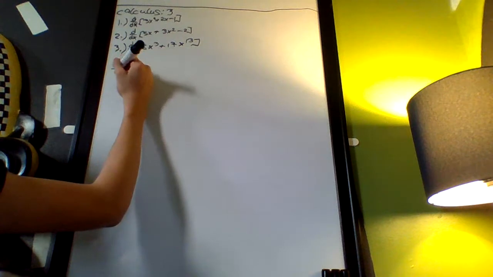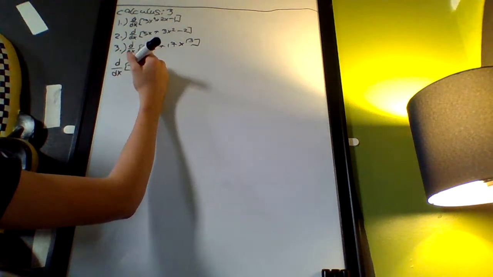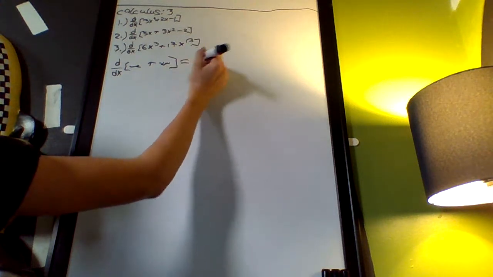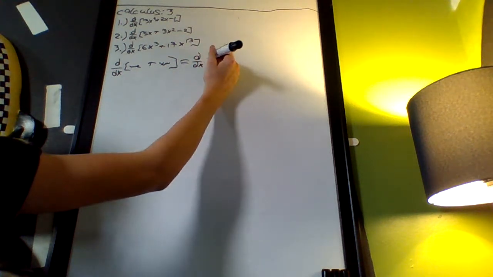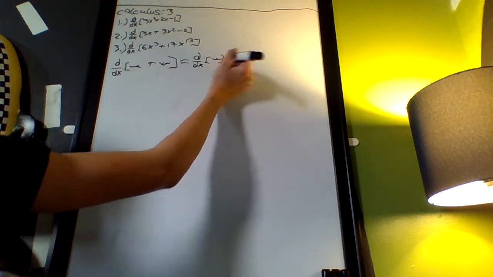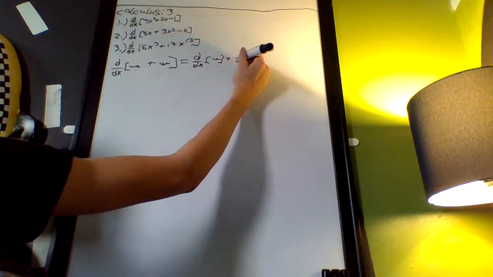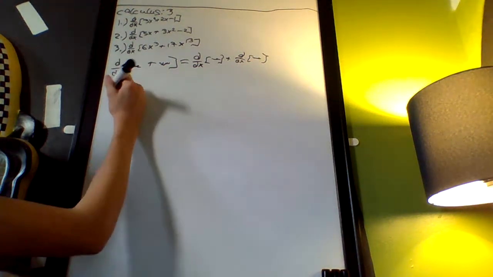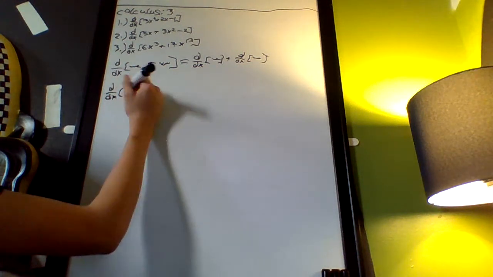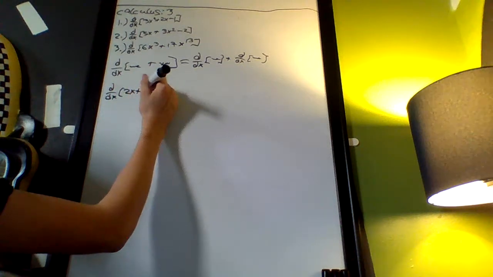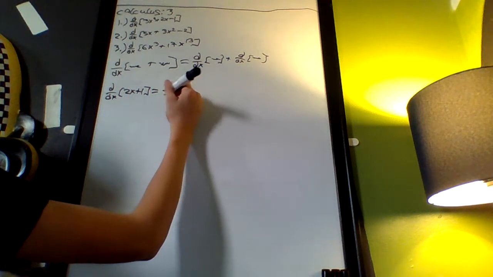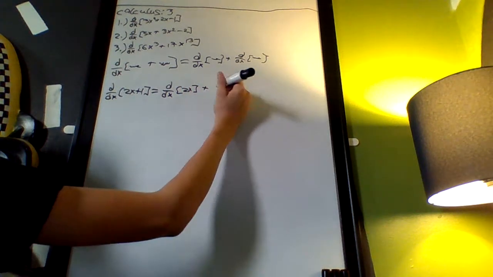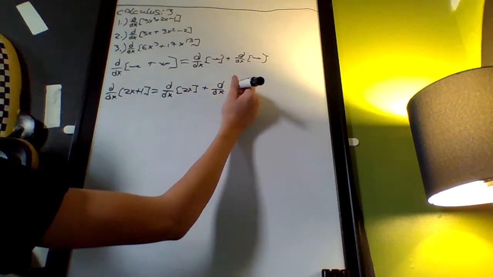The derivative of something plus something else is the derivative of the first thing plus the derivative of the second thing. Basically meaning if I'm doing the derivative of something like 2x plus 1, it's the same thing as the derivative of 2x plus the derivative of 1.